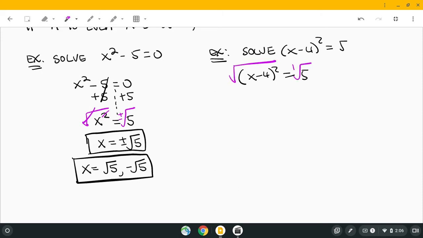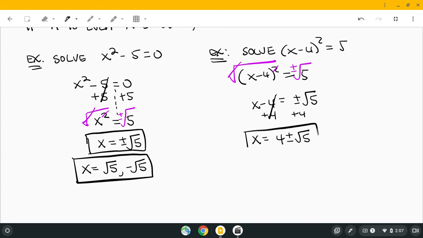And when we do the square root, we will have both a positive and a negative answer. So we get x minus 4 equals plus or minus the square root of 5. And then we need to add this 4 to both sides. So x equals 4 plus or minus the square root of 5.